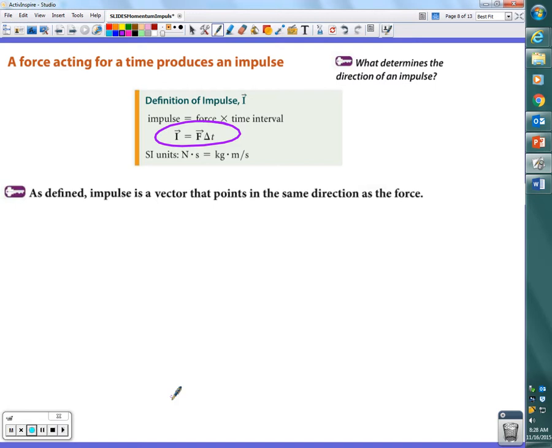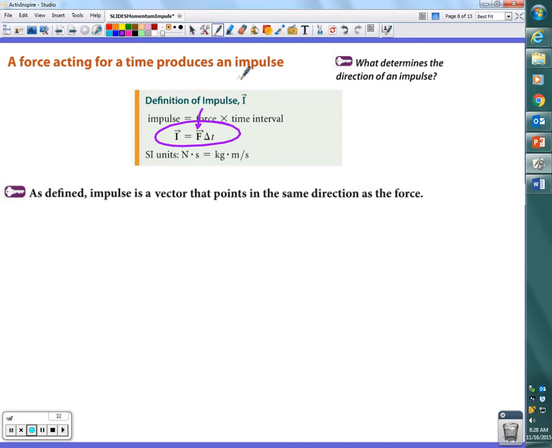We learned two chapters ago that if we apply a force to an object, it's going to accelerate. And if it accelerates, its velocity changes. And if its velocity changes, what else will change? Its momentum.